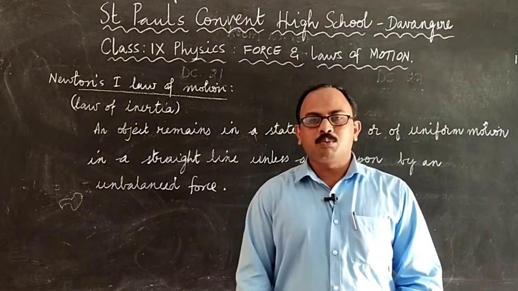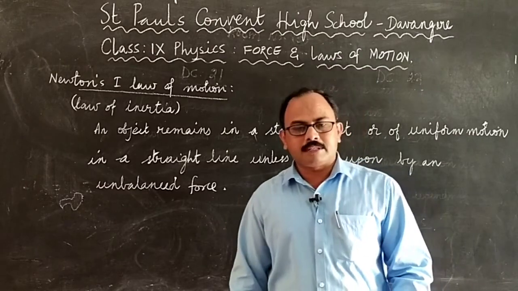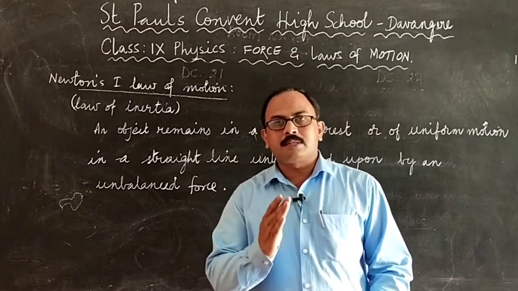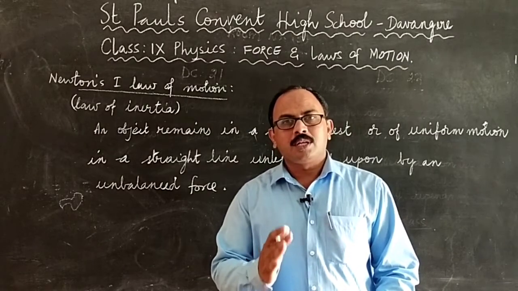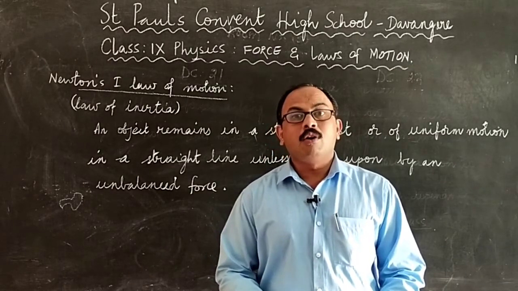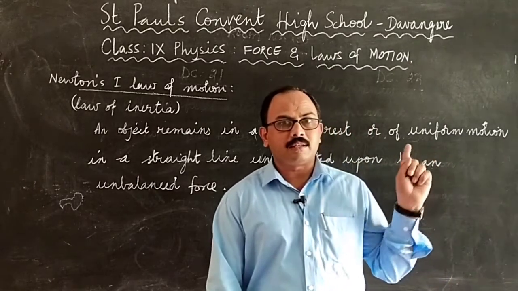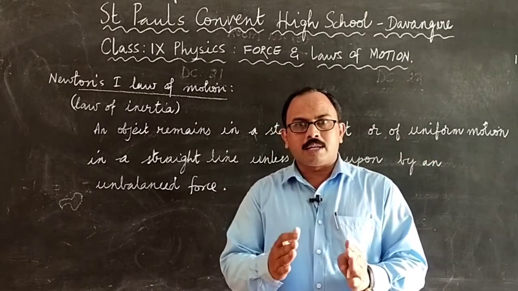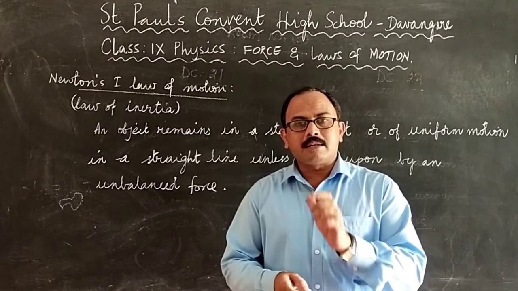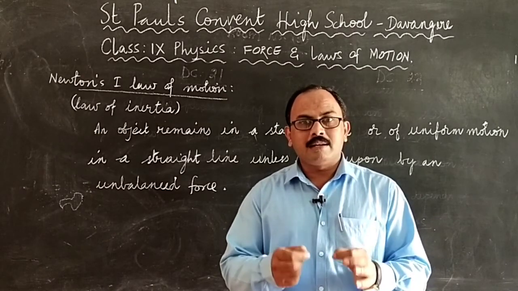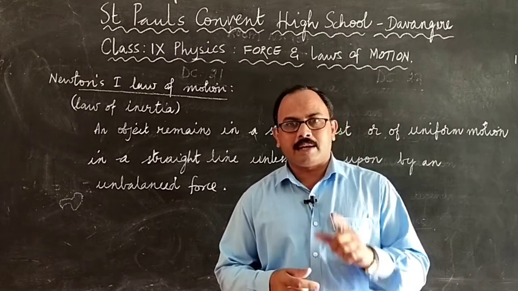Now, we will see Newton's first law of motion. This law is also known as the law of inertia, children. Inertia, as we have seen, is the tendency of a body to remain in its state of rest or of uniform motion unless acted upon by an unbalanced force.